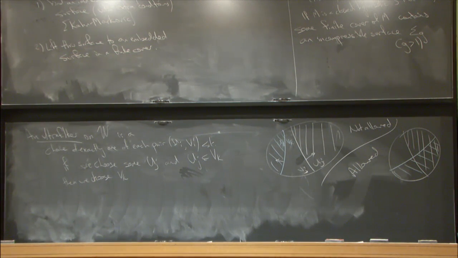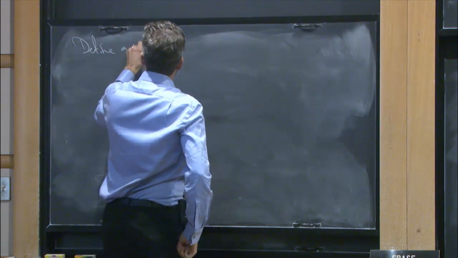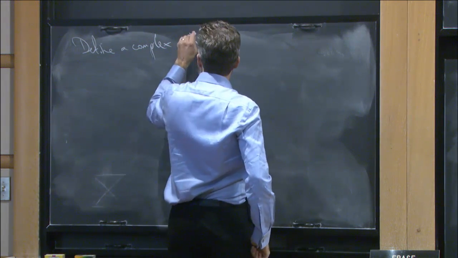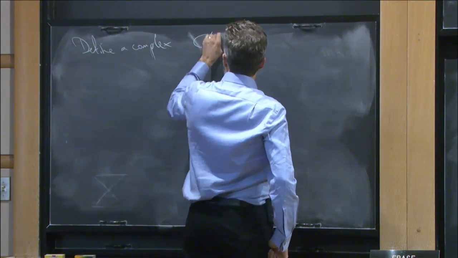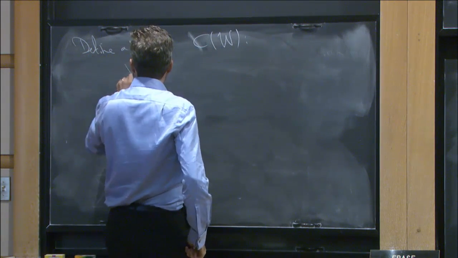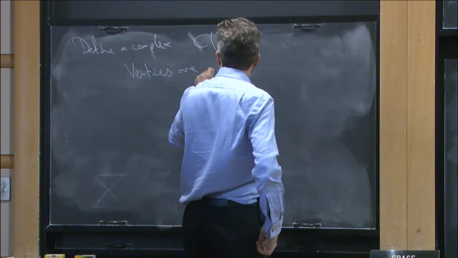So I'm going to define a complex, and this is going to be, say, C of W. The vertices are these ultrafilters.